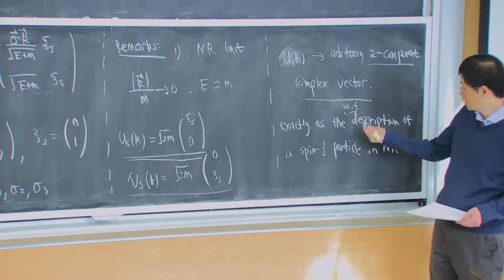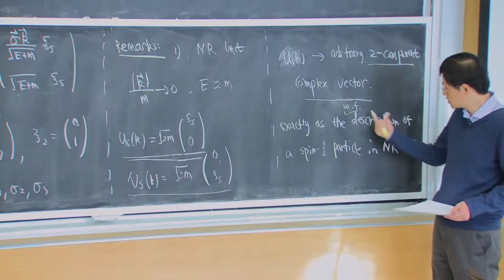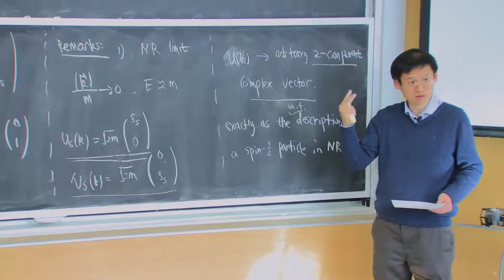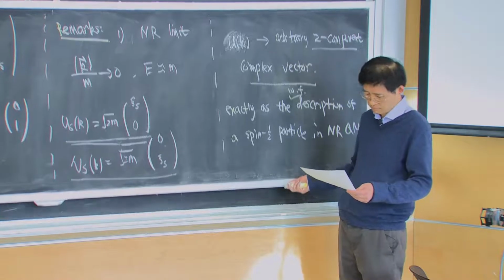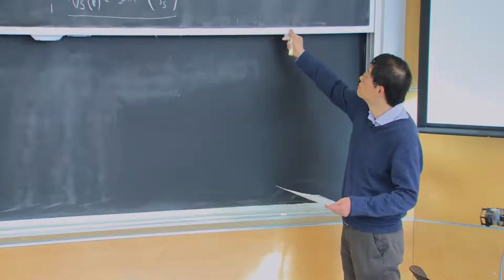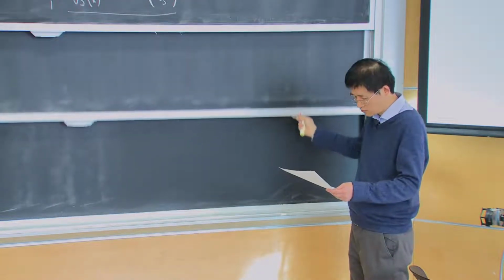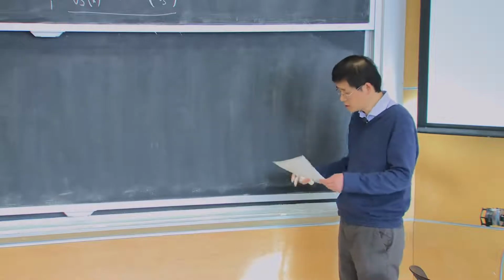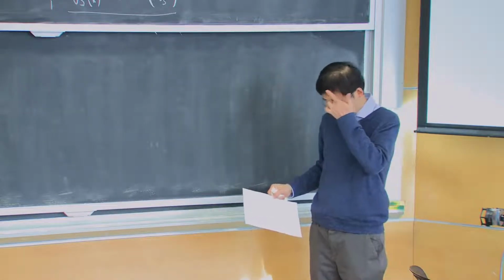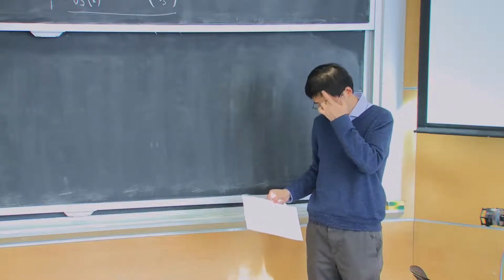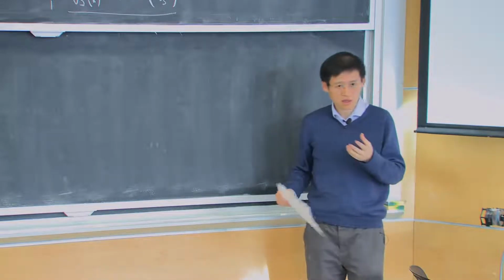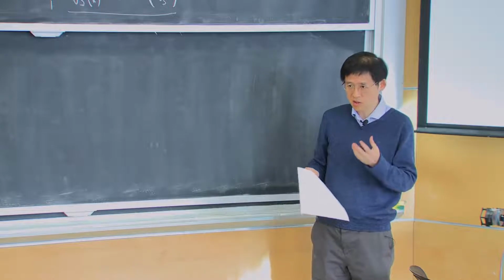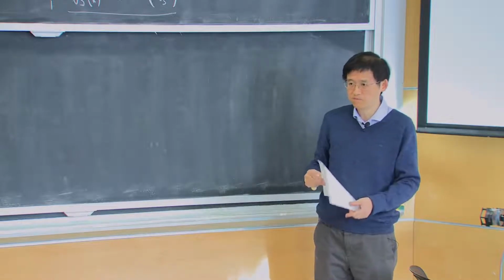So in that limit, you essentially reduce to only two components. So this is the first remark. This is the first indication that the Dirac theory likely describes a spin half particle.